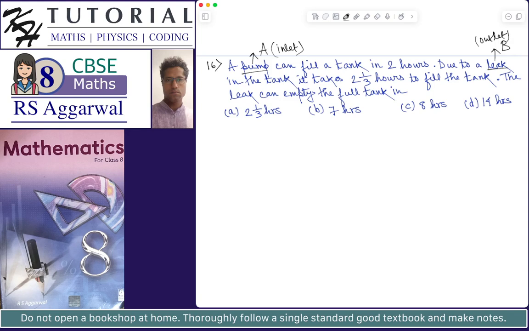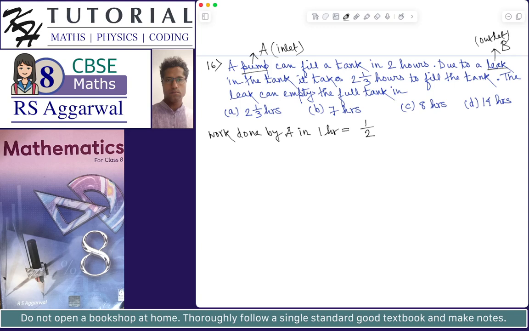So now we have that the work done by A in 1 hour will be equal to 1 by 2, since it is given that the pump can fill a tank in 2 hours. So we can say that the work done by A in 1 hour is 1 by 2. And let's assume that we have to eventually find how much time the leak will take to empty the full tank.